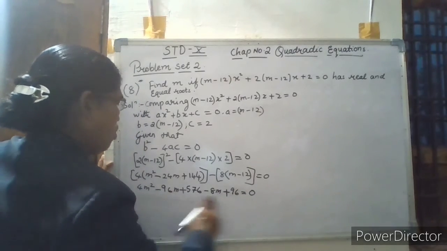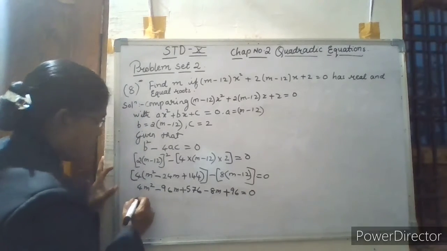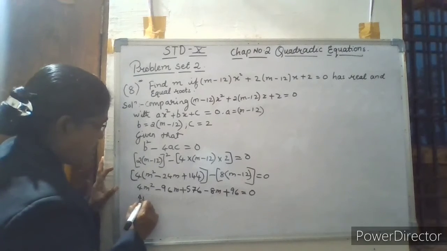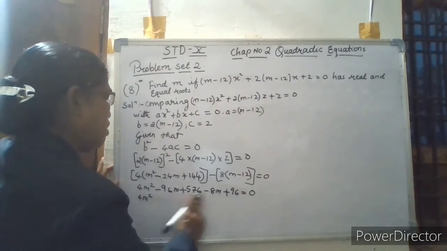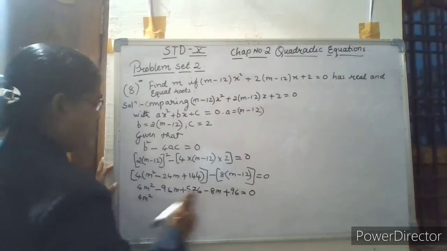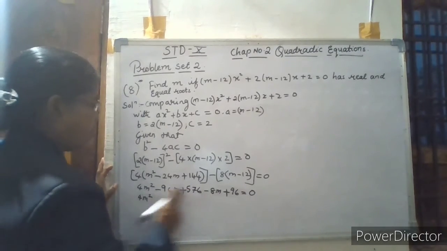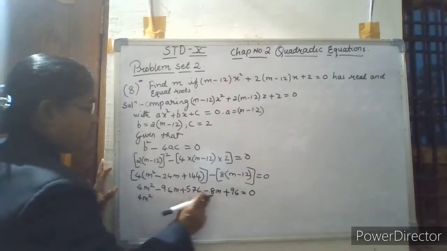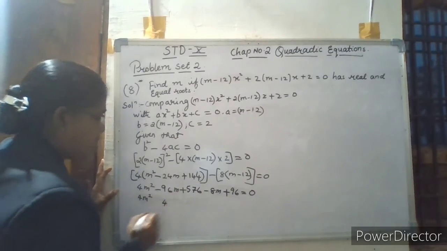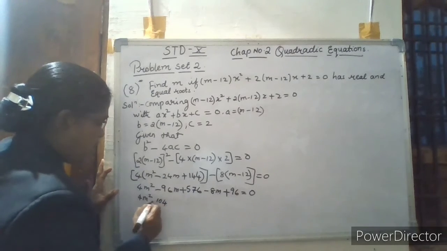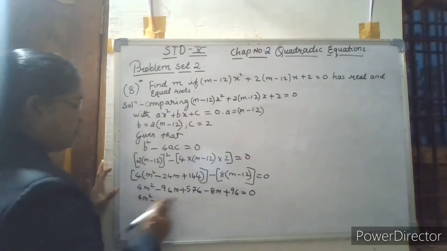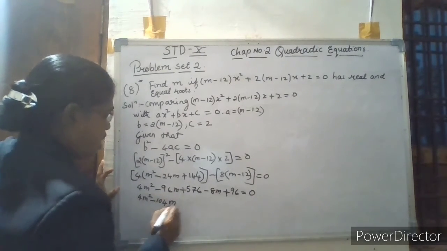Now, we have got some similar terms. So, 4m square, then minus 96m and minus 8m. Both have same sign, add and put the same sign. So 6 plus 8 is 14, then carry 1, 9 plus 1, 10. So 104m.